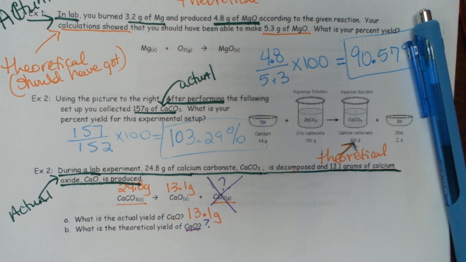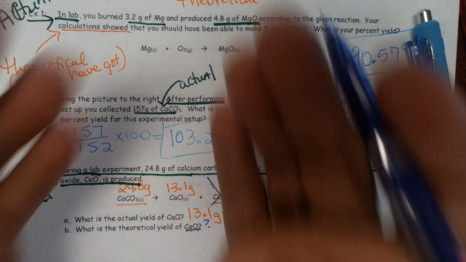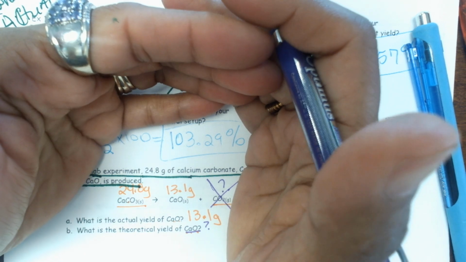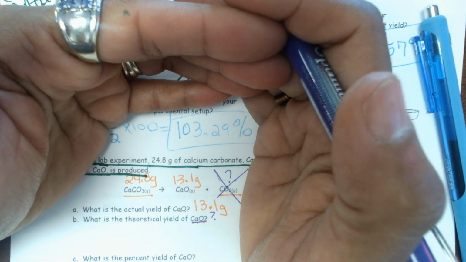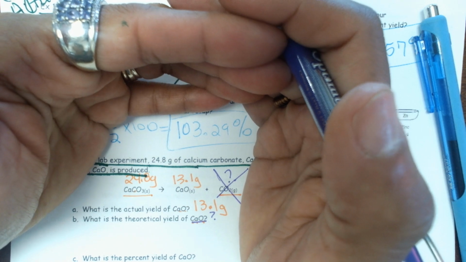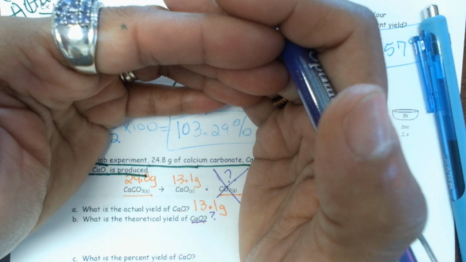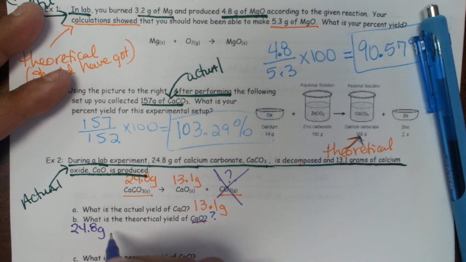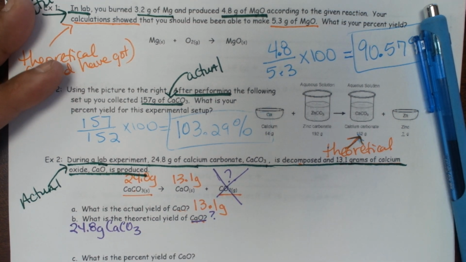Do I know any theoretical at this moment? No. But I do know that I started off with, and I'm going to go back to what Ayla said, 24.8 grams is what I'm starting with. That information I do know is accurate. Okay? So I'm going to start off with 24.8 grams of CaCO3.